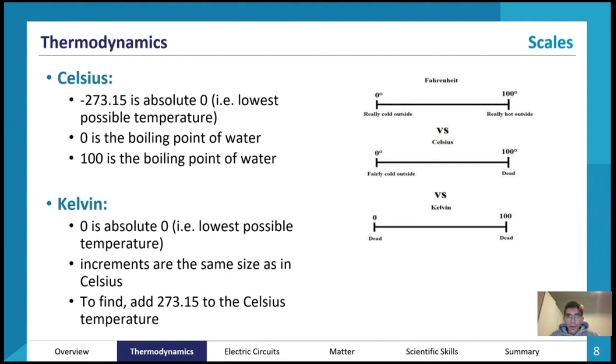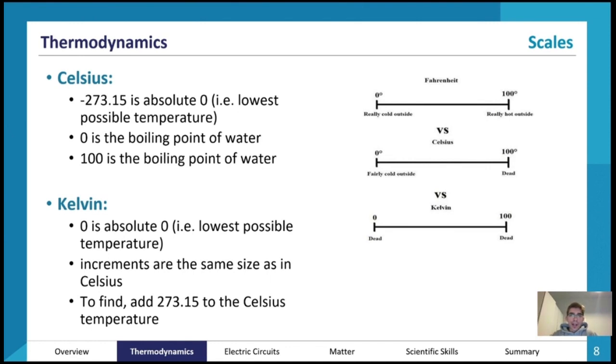Kelvin, whether it is 0 degrees or 100 degrees in the Kelvin metric system, those are unlivable conditions. Neither of them, right? Why? Because it's super cold at 0 degrees Kelvin and really, really hot at 100 degrees Kelvin. But how do we convert between Celsius and Kelvin? Because scientists use Kelvin and not Celsius.